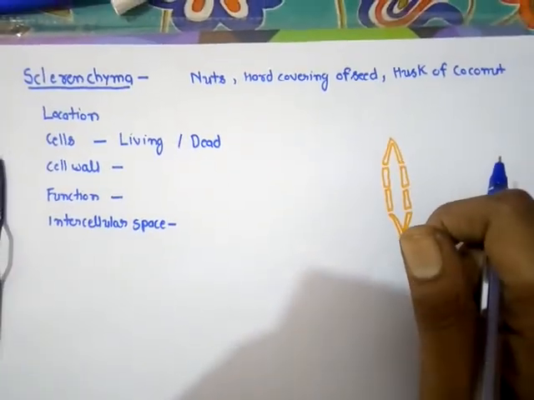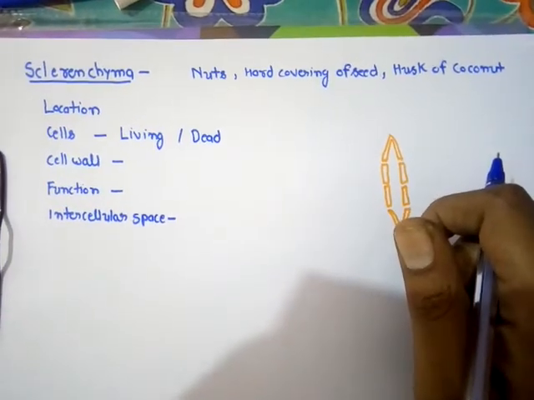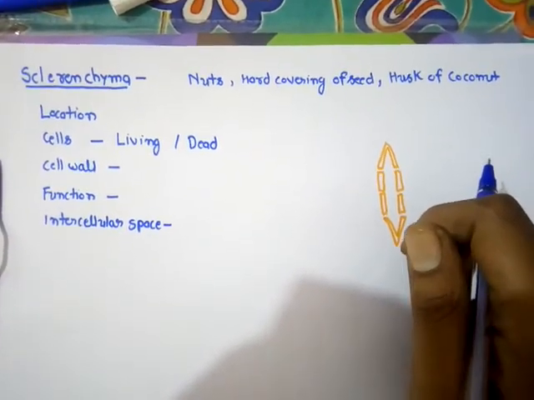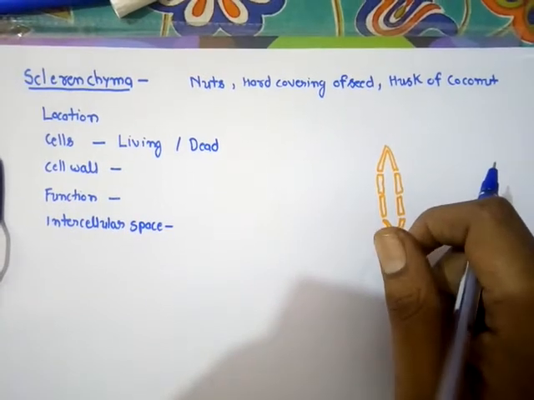So this occurrence of this tissue represents that sclerenchyma is a tissue that makes plant hard and stiff.